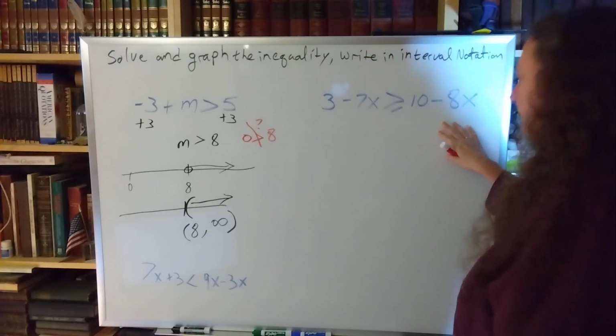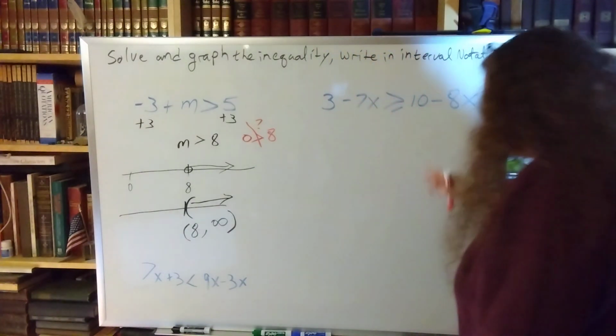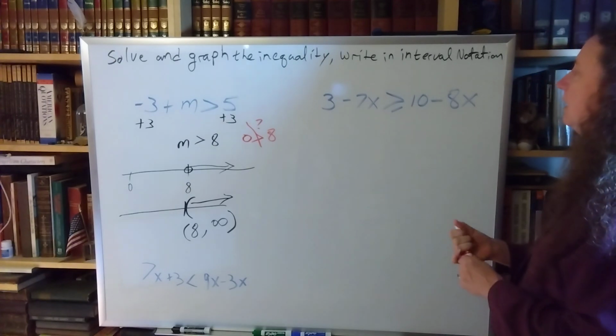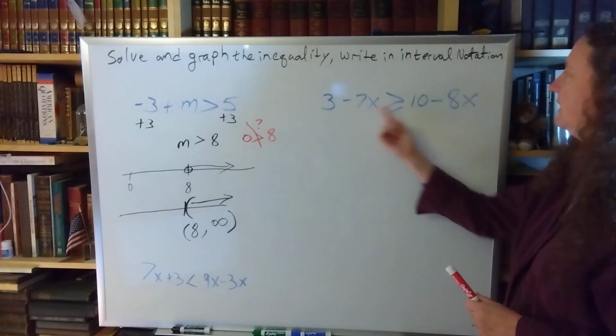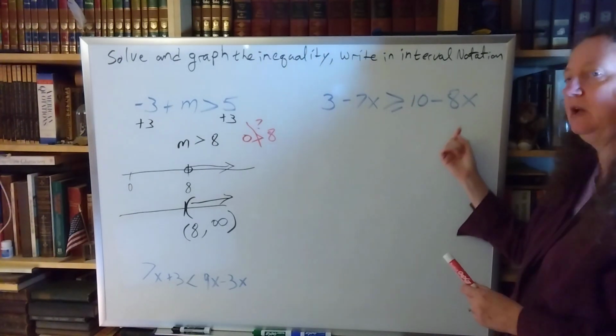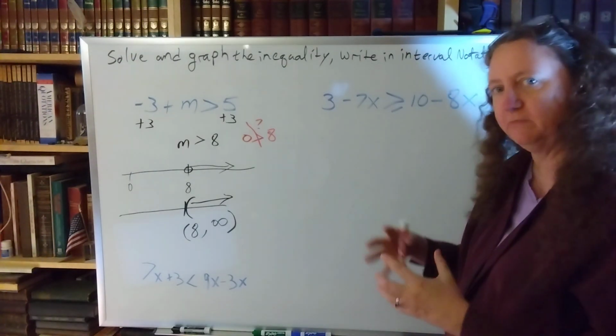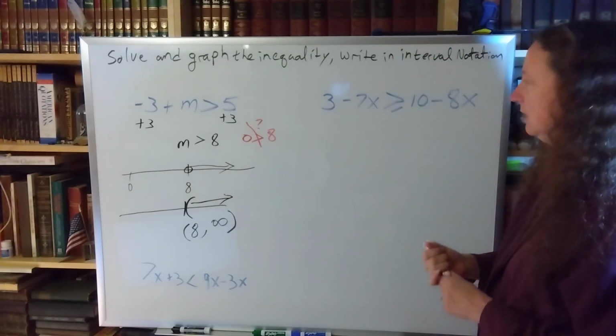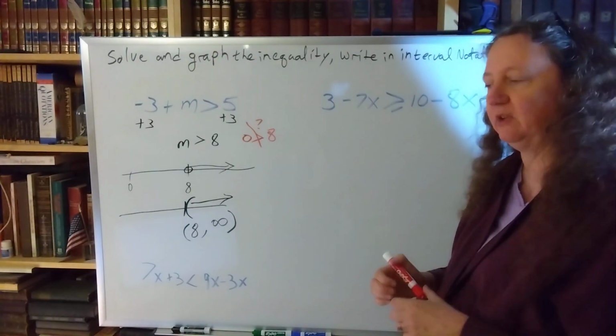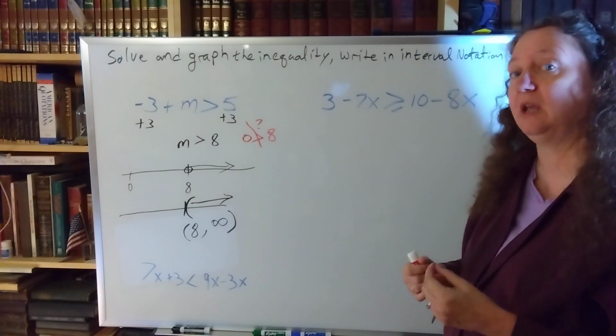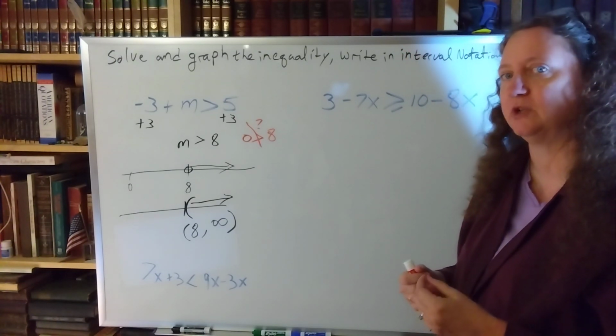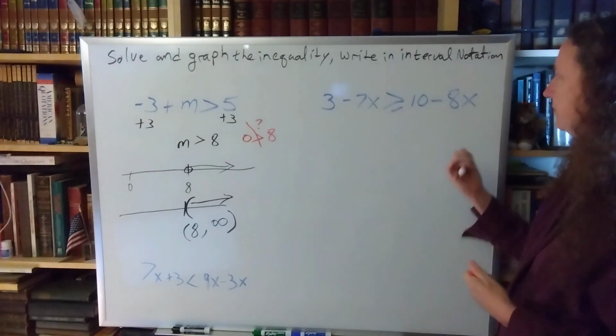So looking at this one over here, I see I have a -7x, I see I have a -8x. First thing I want to do is get all of my x's together. So personal preference here, I like to have a positive coefficient for my variable.